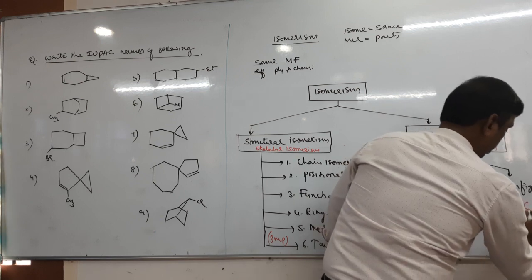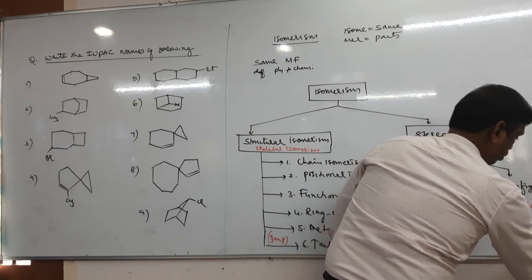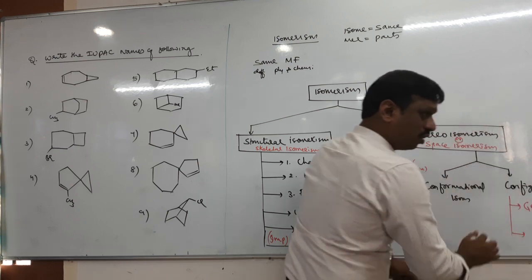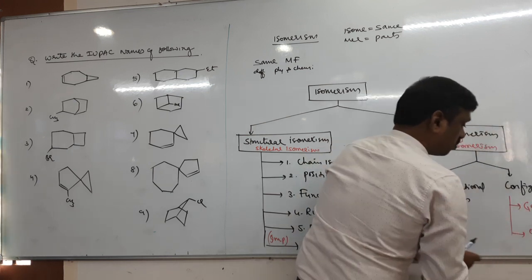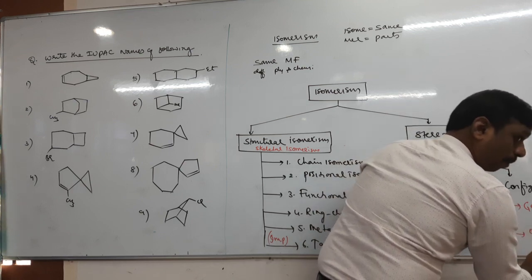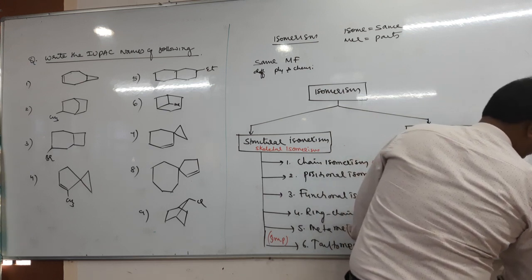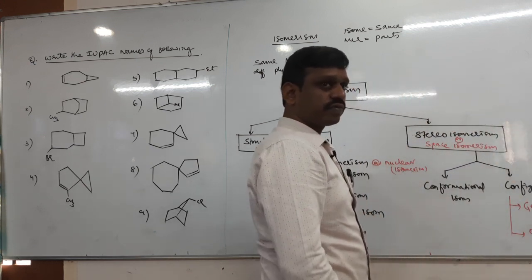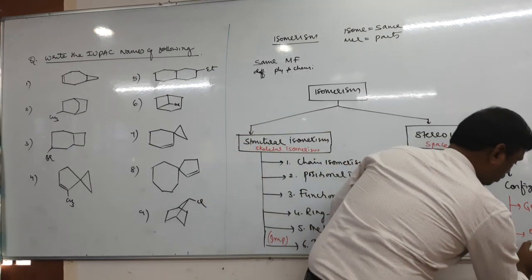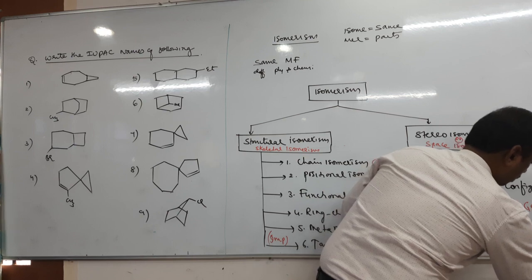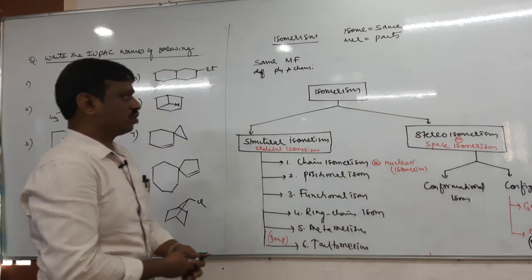That is geometrical isomerism, also called cis-trans isomerism. Second one is optical isomerism. Optical isomerism is also called enantiomerism. So this is a brief classification of isomerism.